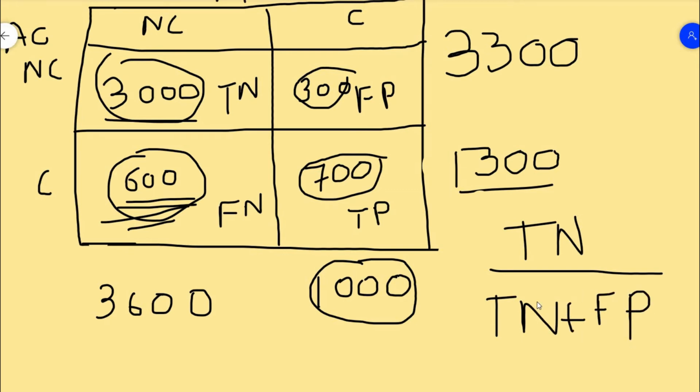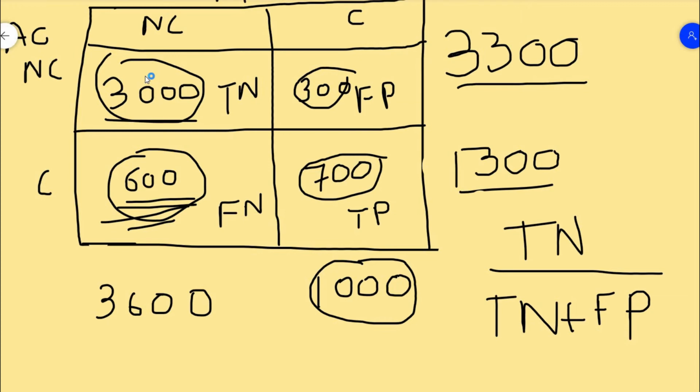So let's see what TN plus FP is. TN plus FP is nothing but 3300 in this case. That means this is the actual number of persons who do not have cancer in the training data, and out of this value, how many the model is able to catch. So out of 3300, the model is able to catch 3000 values who do not have cancer.